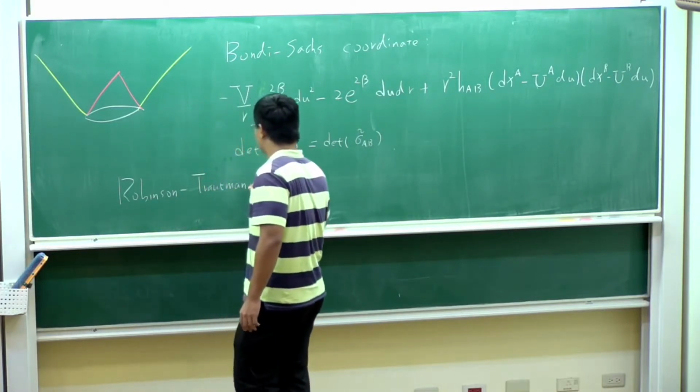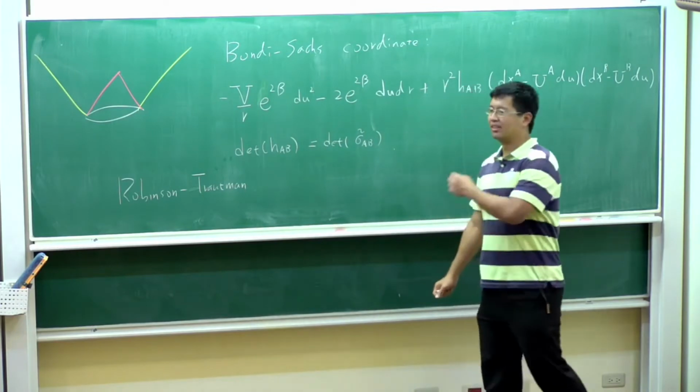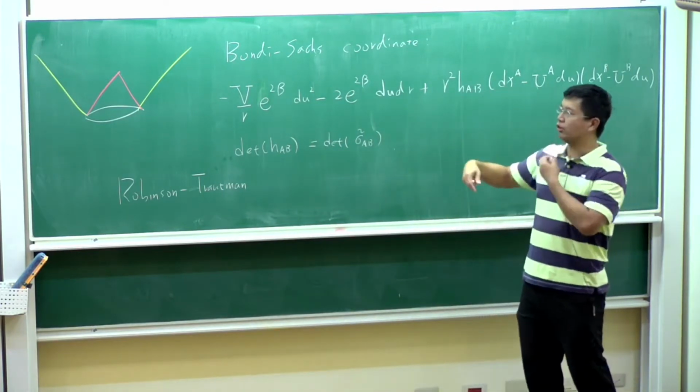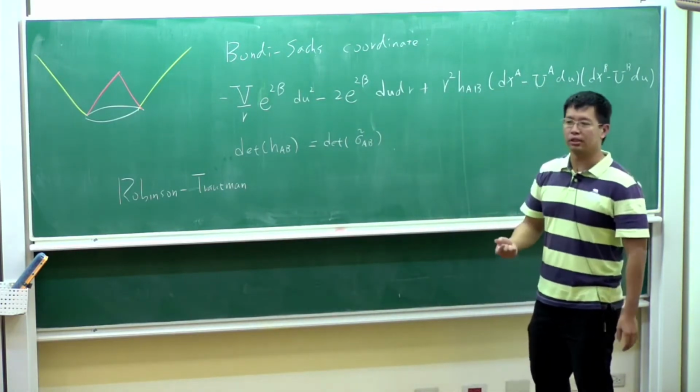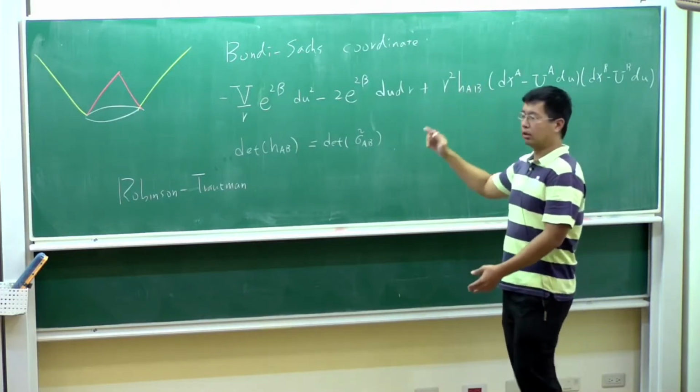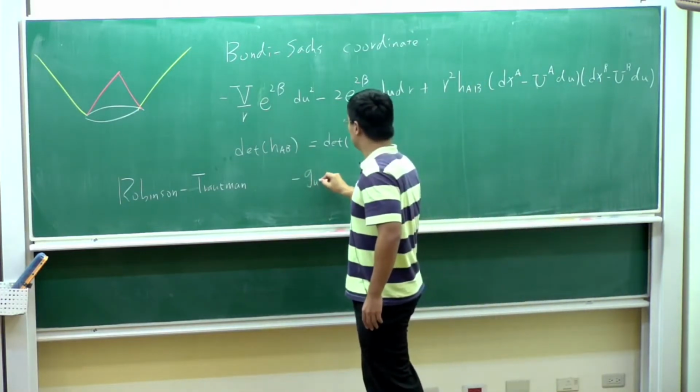An exercise where we will show the result first is that we can change the Robinson-Trautman metric that we saw this morning into this coordinate form.